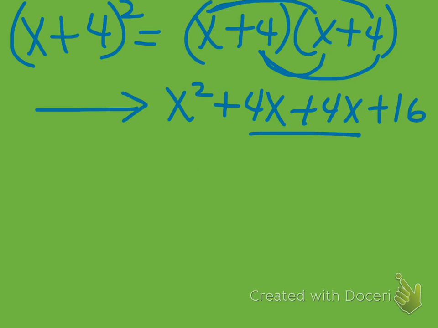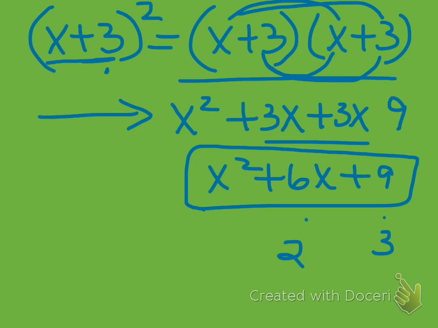And you said something about the numbers. Here I have a 4x, 4x, 16. 4 times 4 is 16. Is 3 times 3 equal to 6? No, that's close. You're at least trying to see some patterns.